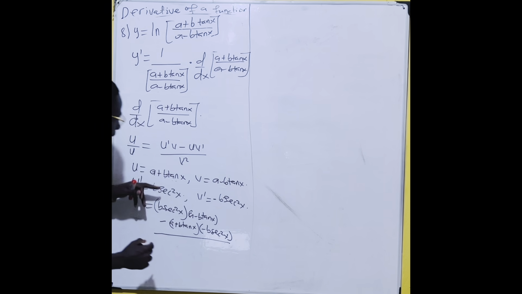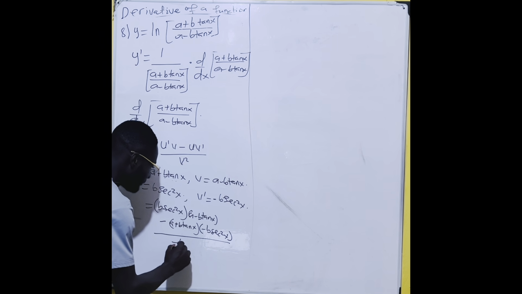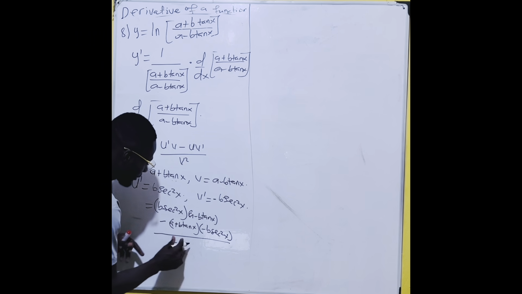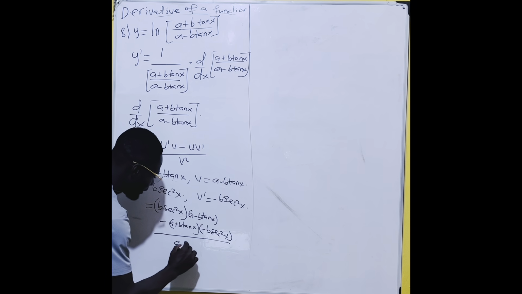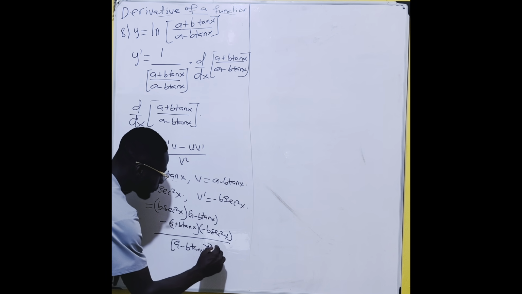divided by v squared. So we're going to have negative b, a minus b tan x all squared.